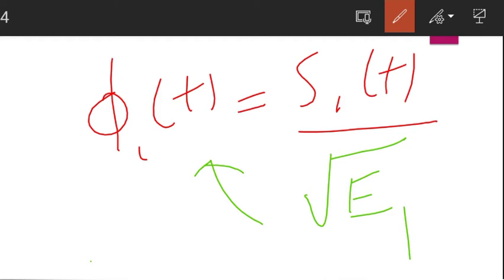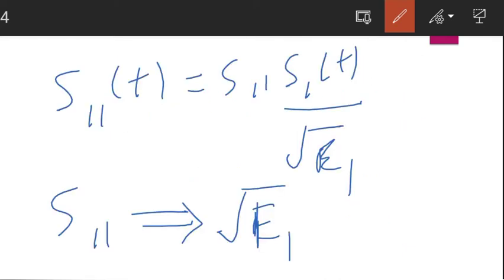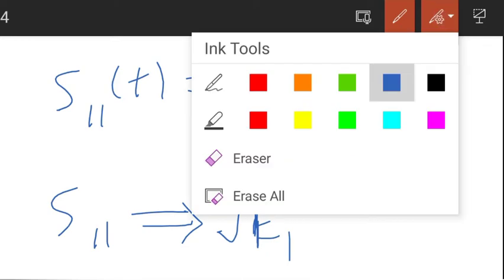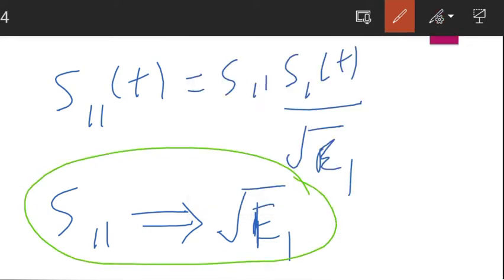So s1 of t is equal to s11 into s1 of t divided by root of E1. Finally, just by seeing this equation, we arrive at the conclusion that s11 is equal to root of E1.